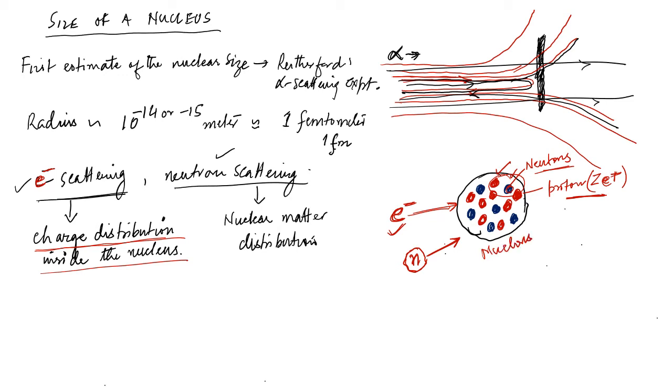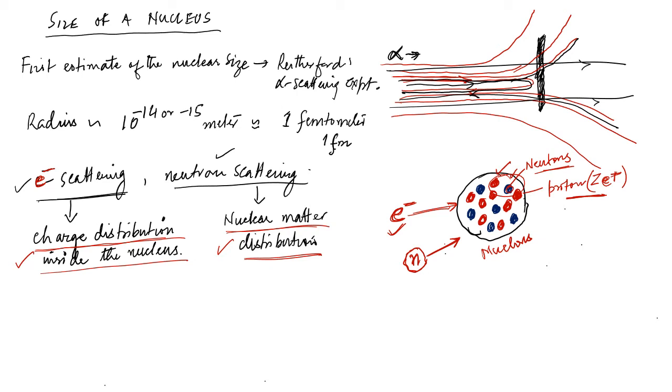So it will give the idea about how the neutrons as well as the protons are distributed inside the nucleus, and that total distribution is known as the nuclear matter distribution. So electron scattering gives us the charge distribution and neutron scattering gives us the matter distribution, how the protons plus neutrons all together are distributed inside the nucleus.